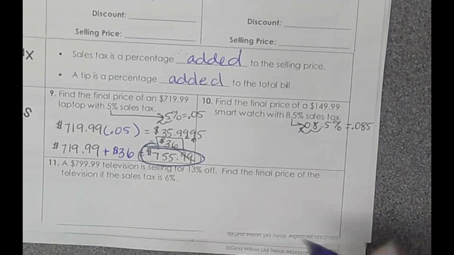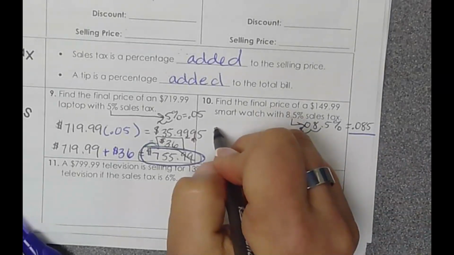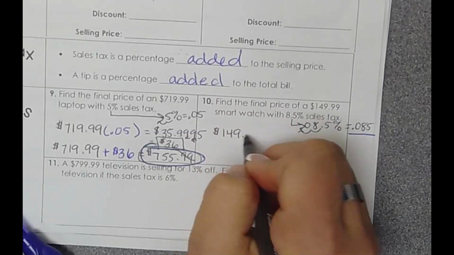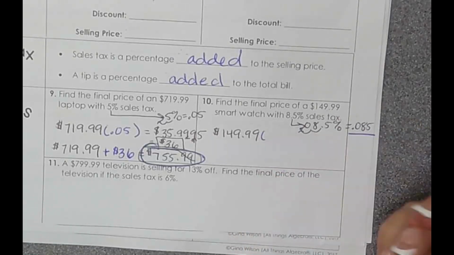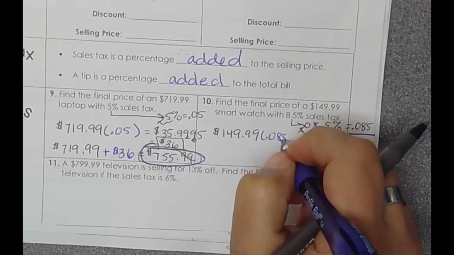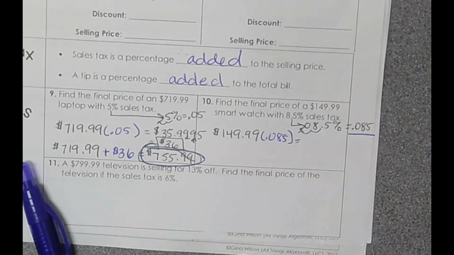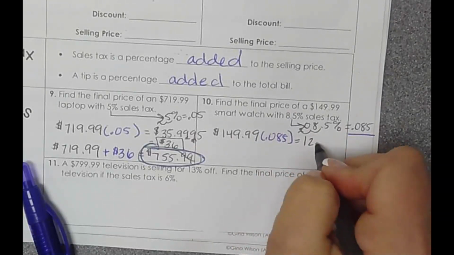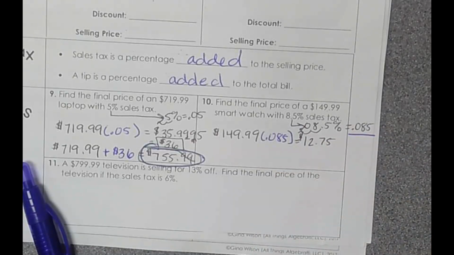So now we're going to take that 0.085 and multiply it by our $149.99. And that's going to come out to be $12.75. Again, sales tax is adding on to it.